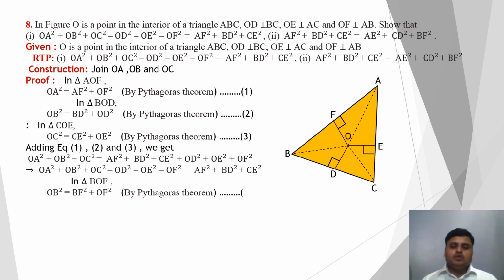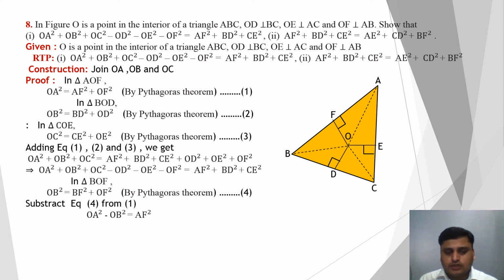After this, we subtract equation 4 from equation 1, left hand side from left hand side and right hand side from right hand side. So OA square minus OB square is equal to AF square minus BF square, and OF square will be cancelled. Assume this one as equation number 5.